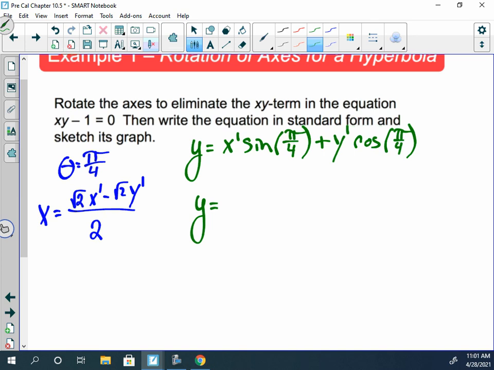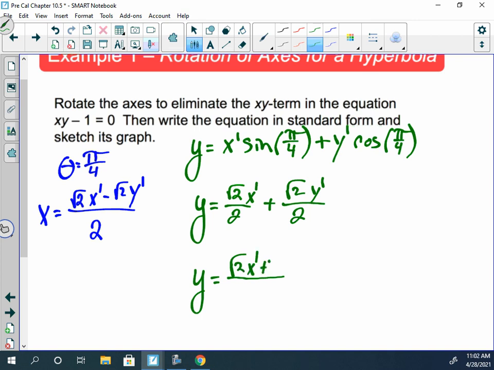Well, that's not really changing. We're going to end up with square root of 2 over 2 x prime plus square root 2 over 2 y prime, which really just tells me y is the square root of 2 x prime plus square root of 2 y prime all over 2.